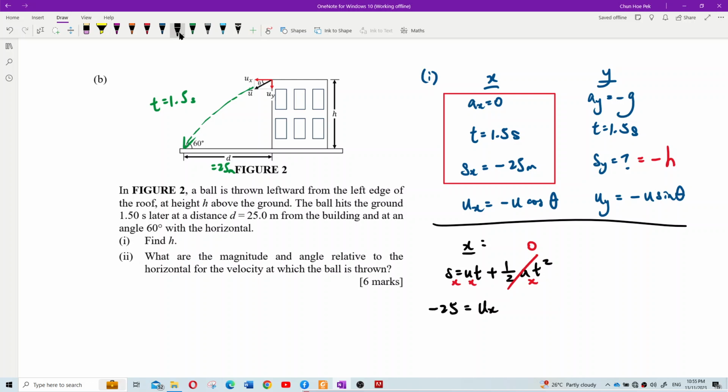T is the time taken, 1.5. So I can find my ux. Negative 25 divided by 1.5. So the velocity is negative 16.67 meters per second. So I got my ux, class.